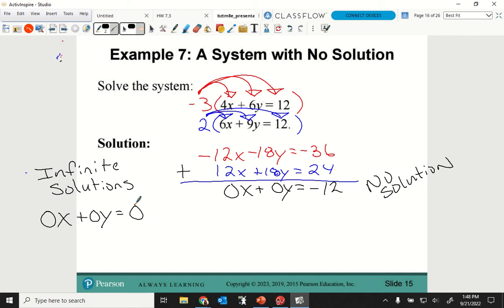So when you actually do the combining and you get 0x plus 0y equals 0, look, you have nothing and nothing together, boom, it's still nothing. That works infinitely, all the time. Every time you add nothing and nothing, you always get nothing. So that's your infinite solutions.